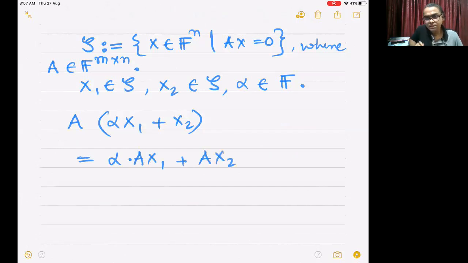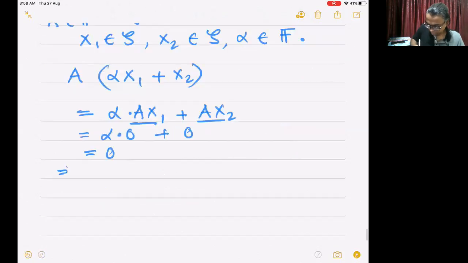But x1 is in the set S, so A x1 must be 0. This is alpha times the 0 vector. x2 is also there in S, so A x2 must also be 0. So this is 0, and therefore alpha x1 plus x2 is also in S. So from our theorem, it follows that S must be a subspace.